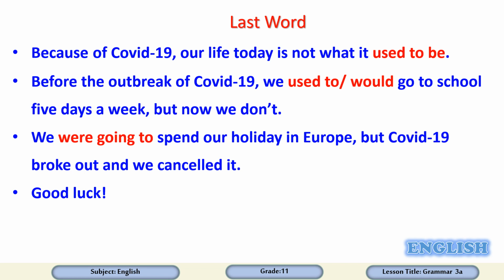Number 2, before the outbreak of COVID-19, we used to go to school 5 days a week, but now we don't. Number 3, we were going to spend our holiday in Europe, but COVID-19 broke out and we cancelled it. Good luck and goodbye.